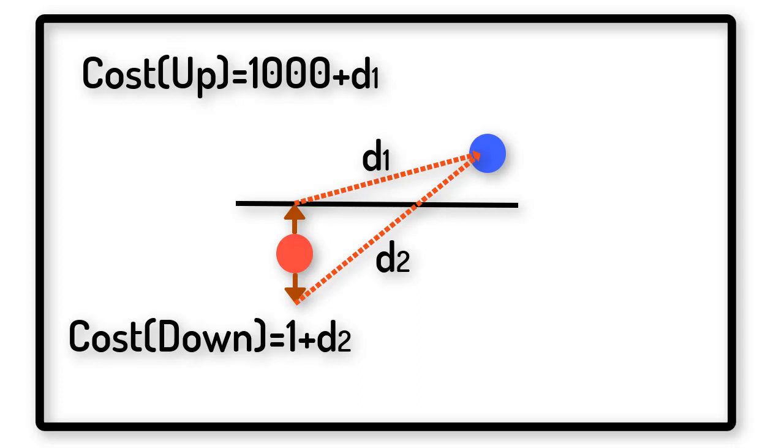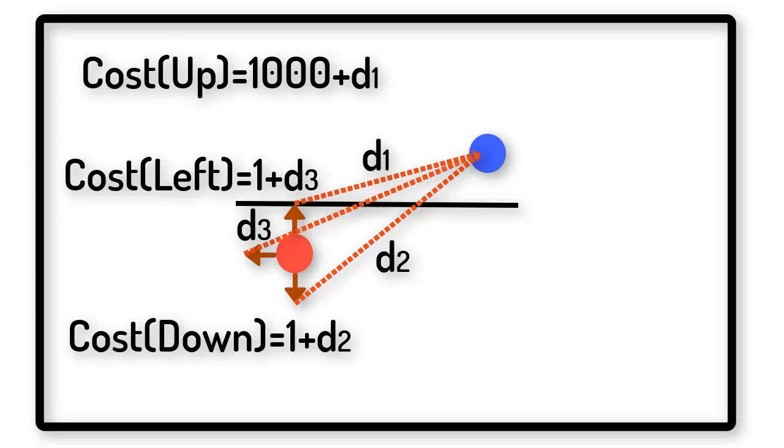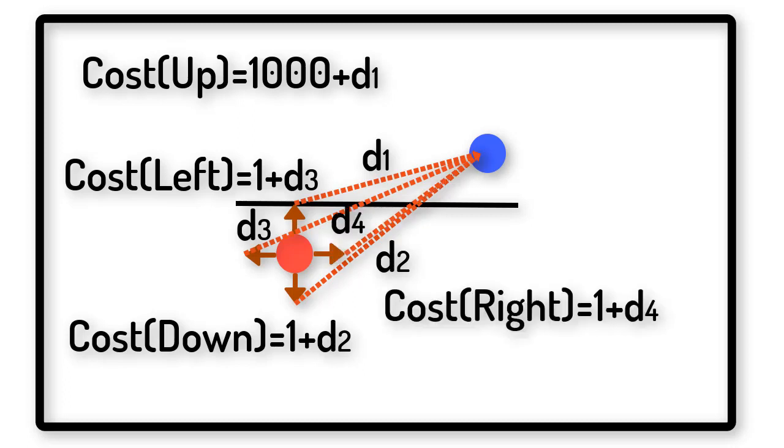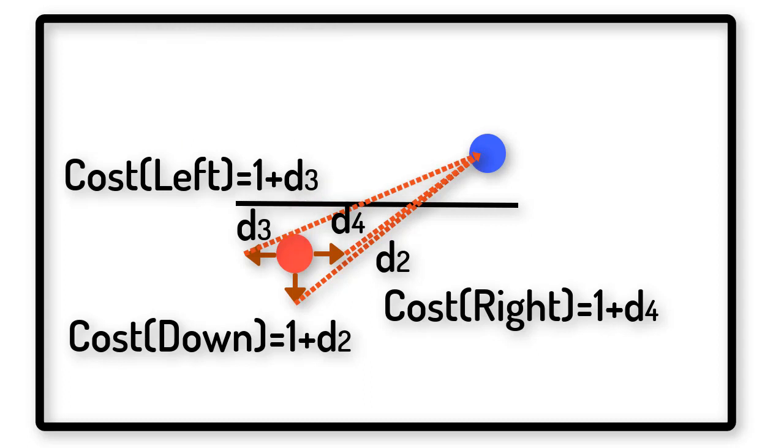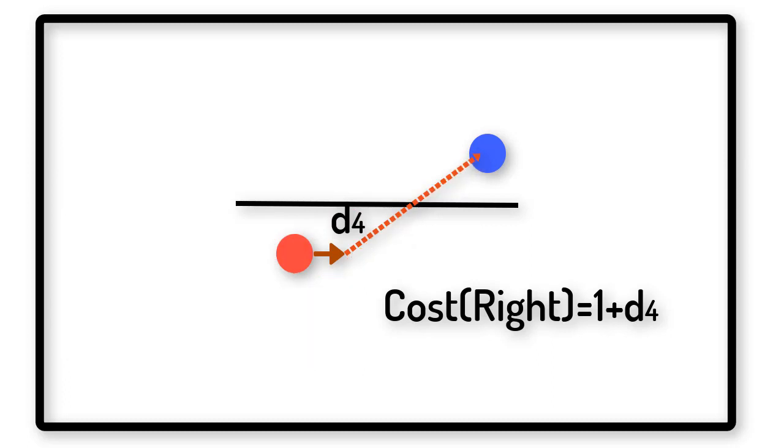The cost of driving along the barrier this way is 1 plus this distance, and the cost of driving along the barrier this other way is 1 plus this distance. The robot won't drive into the barrier because its cost is the highest. Then, among the other 3 possibilities, the robot will drive in the direction that most minimizes its distance from the goal, because the cost of each of these 3 actions is the same.